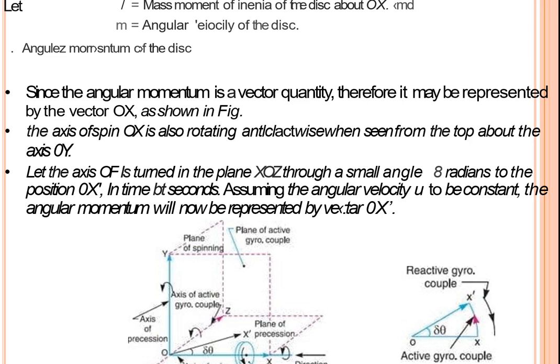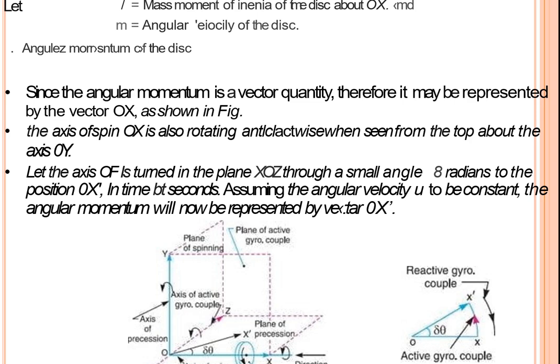Here G is equal to I omega omega p, that is the equation to calculate the gyroscopic couple. If you take one axis of spin, there is the axis of spin for the reactive gyroscopic couple and the axis of the active gyroscopic couple. The corresponding planes are considered: plane of precession, axis of precession, and axis of the reactive gyroscopic couple.